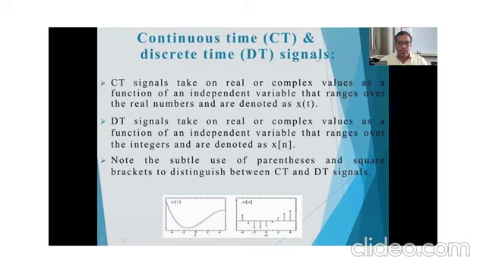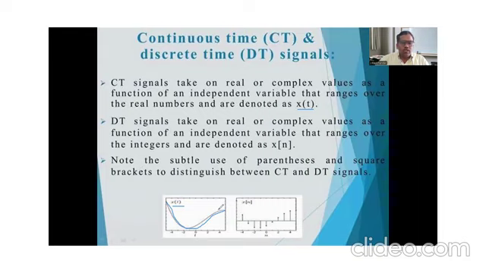These continuous time signals are denoted by x of t. The signals that are defined at every instant of time, and that are continuous in nature, are known as continuous time signals.